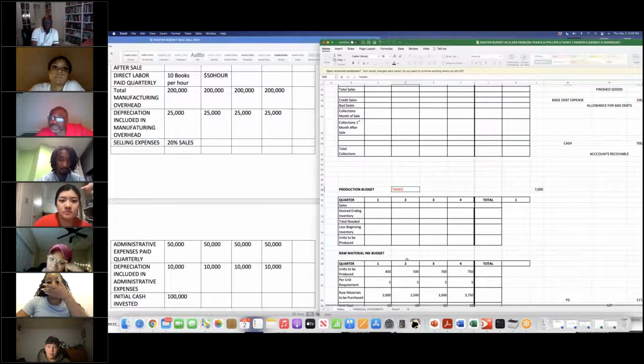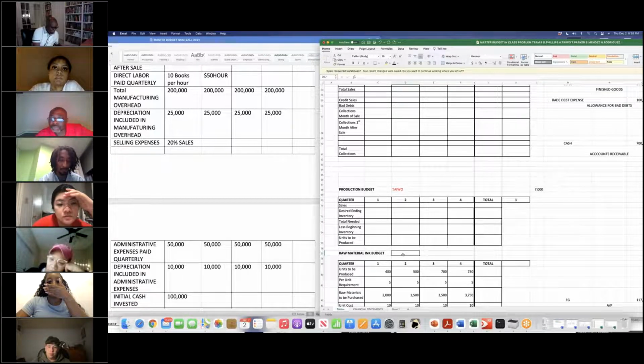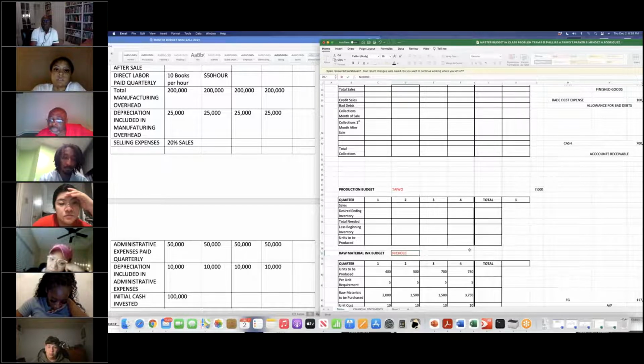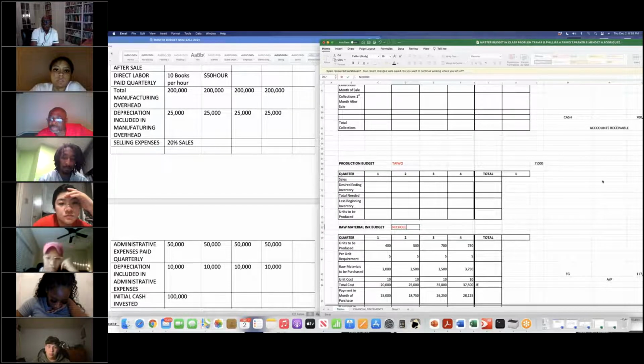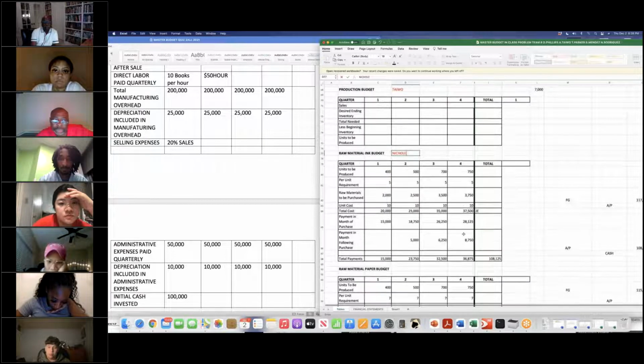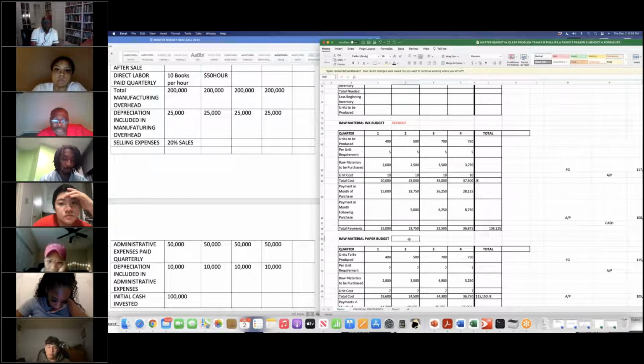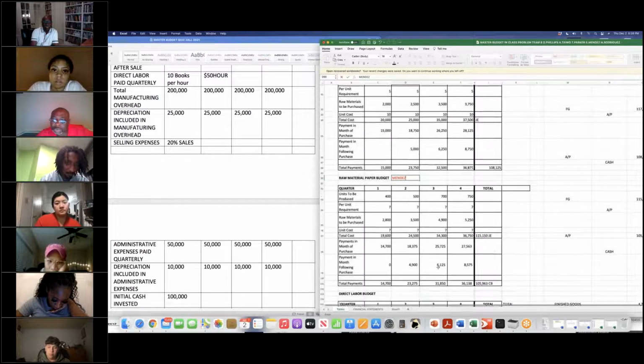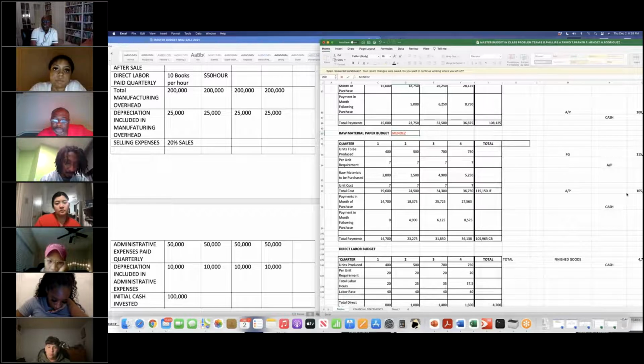Okay, for the raw materials, ink, we'll put Nicole here. For the paper, we'll put Mendez there. She seems to be a paper person. Then we need some direct labor. Put Rodney here.